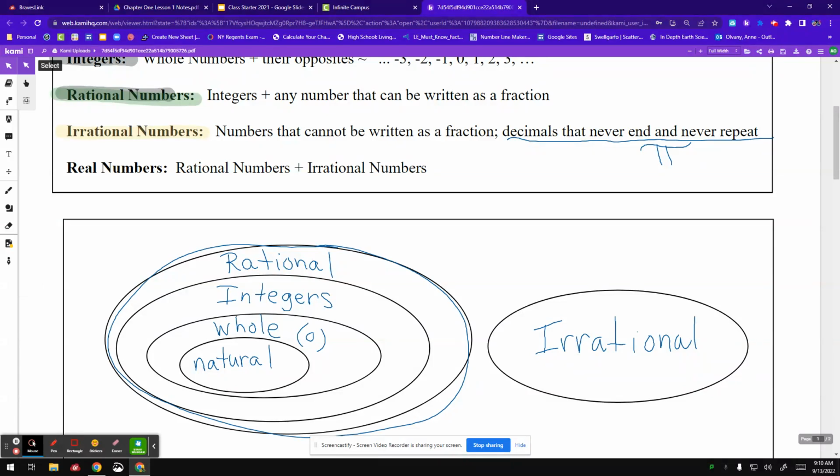Okay? Now, all of these numbers, whether they're rational or irrational, are all real. Real numbers. Believe it or not, there is a set of numbers totally separate from real numbers that are called imaginary. No, imaginary.